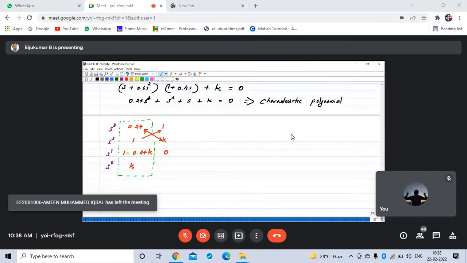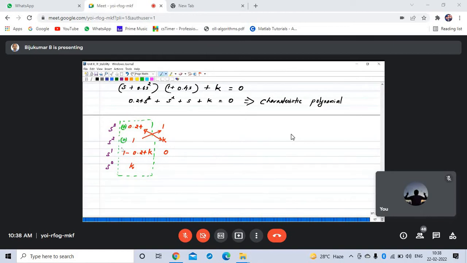That means all of them should be positive. So 1 minus 0.24K should be greater than 0. Then only that value will become positive. From this you can find the value of K.